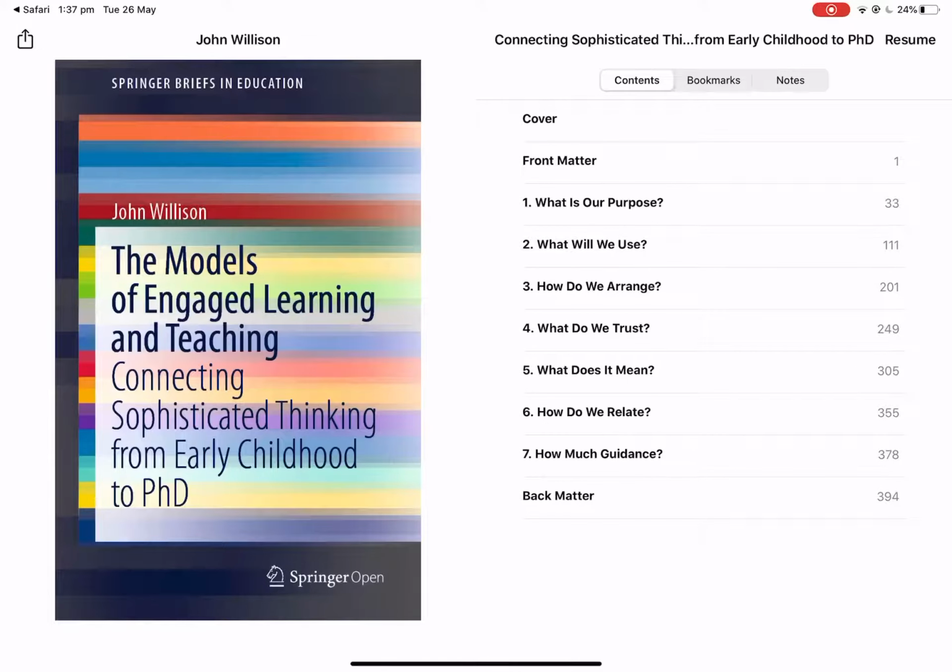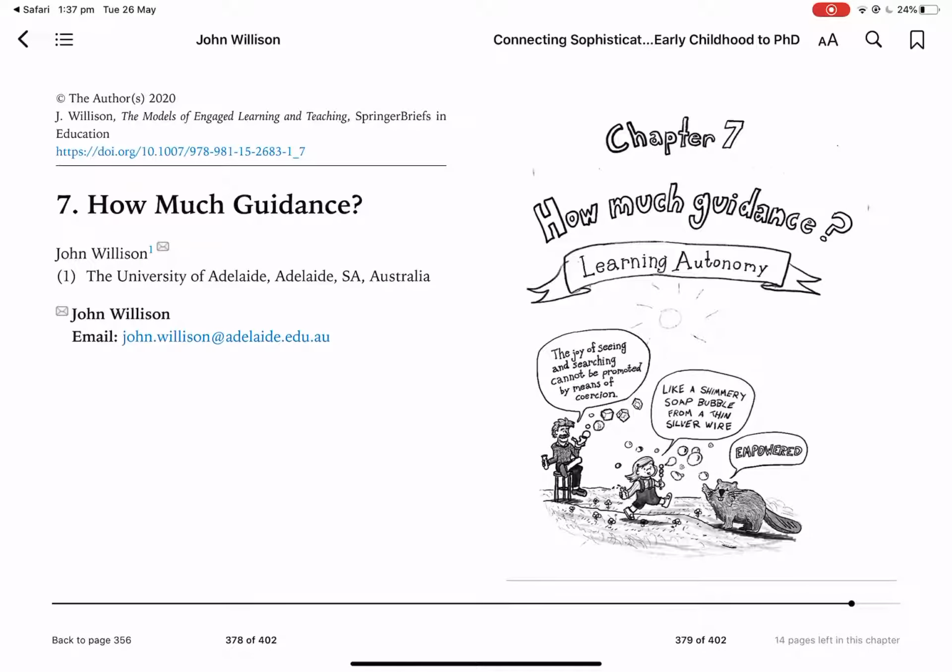And then chapter 7, the final chapter, how much guidance. So how much structure and guidance do students need in your class? If there's 30 students, do they all need to be moving at the same pace? Because that's the easiest thing to do with teaching.